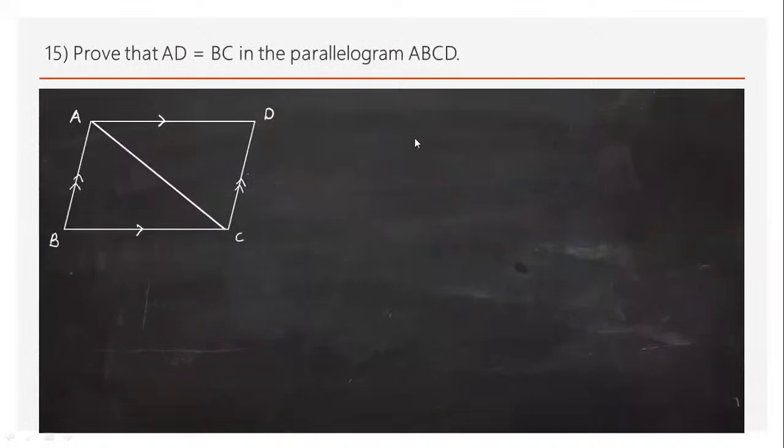Prove that AD equals BC in the parallelogram ABCD. Right? First of all, we want to show these two triangles are congruent. Then in the congruent triangles, corresponding elements are equal. We can take the two triangles, triangle ADC and triangle ABC.